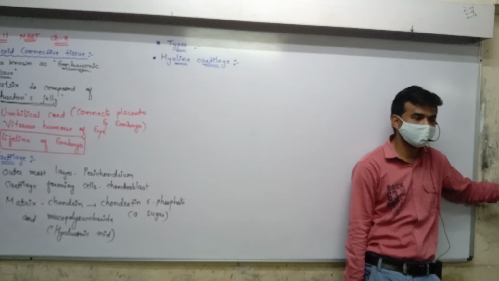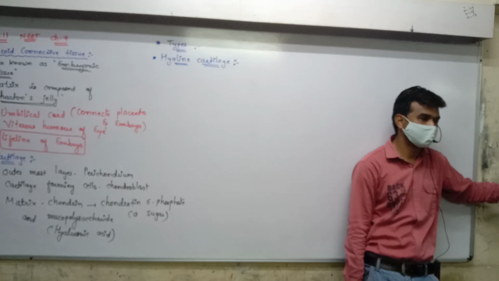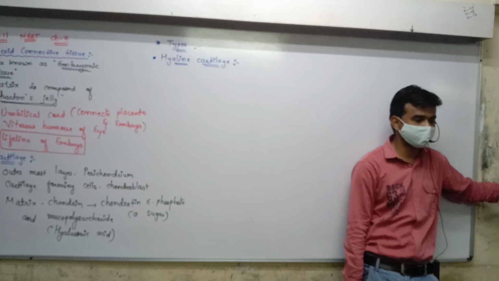Pelvic girdle is made up of two hip bones, and one hip bone is made up of three bones: ilium, ischium, and pubis.